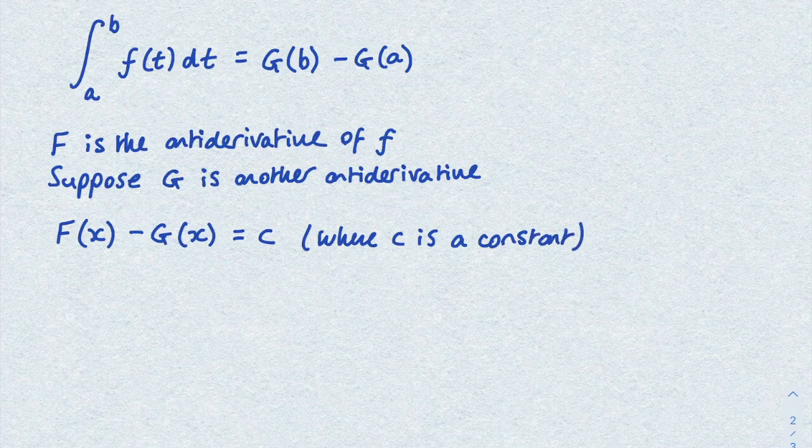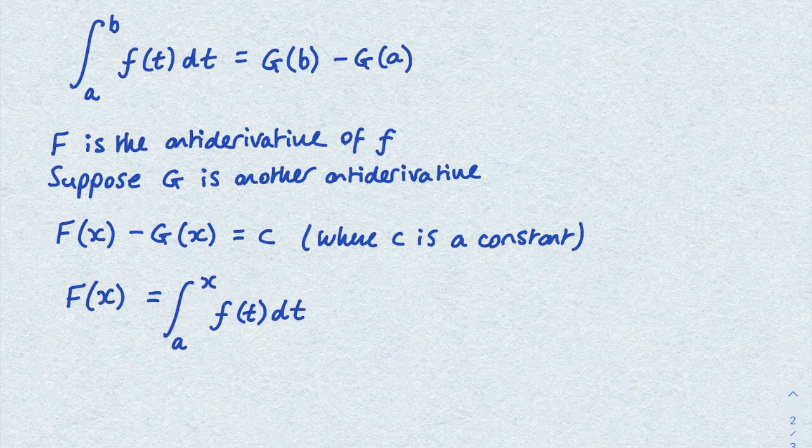Now, from the Fundamental Theorem of Calculus, part 1, we know that the antiderivative of f is equal to the integral between a and x of lowercase f of t, integrating with respect to t.